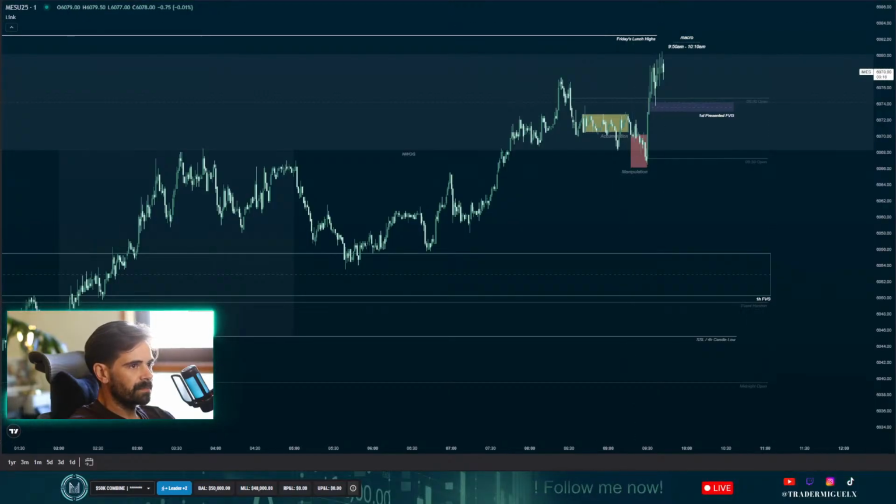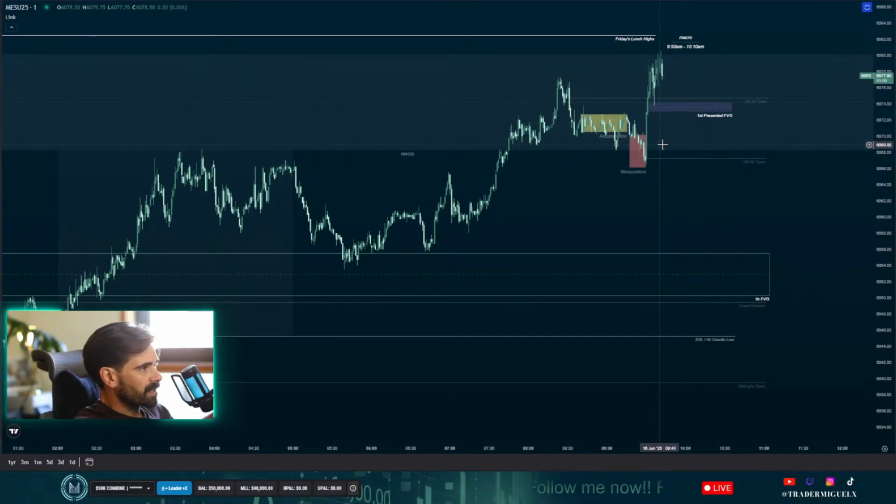It's the same. So NQ is a bit stronger and trying to maintain this bullish order flow. But yeah, I'm expecting something to happen here.